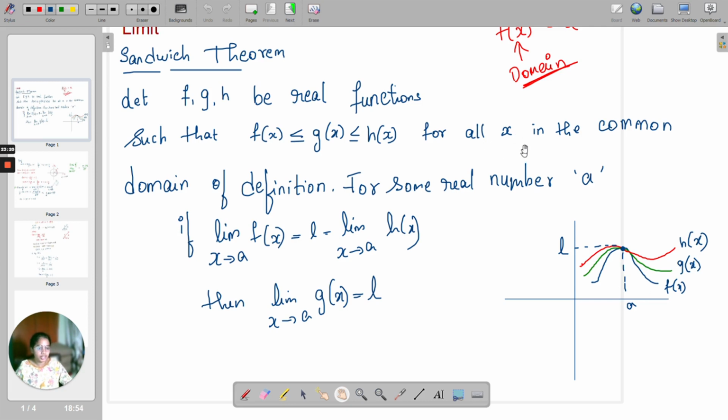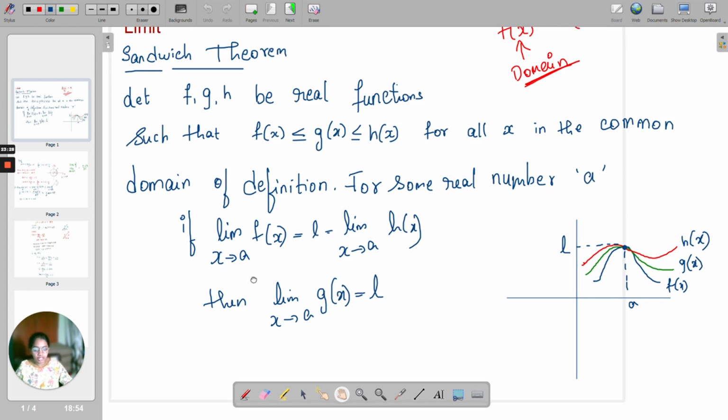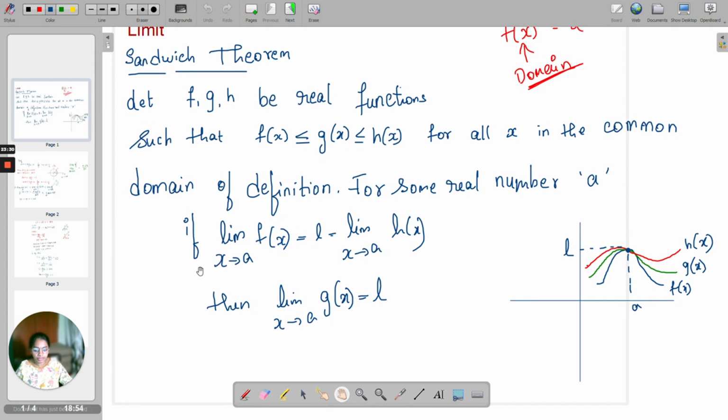They are saying the domain is the same for all the three functions. Then for some real number a, if the limit x tending to a, f of x is equal to L, and this is equal to limit x tending to a, h of x, then limit x tending to a, g of x is equal to L.